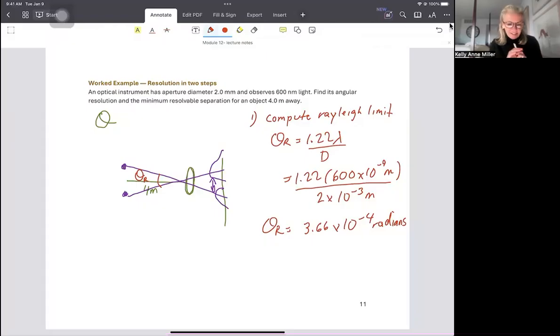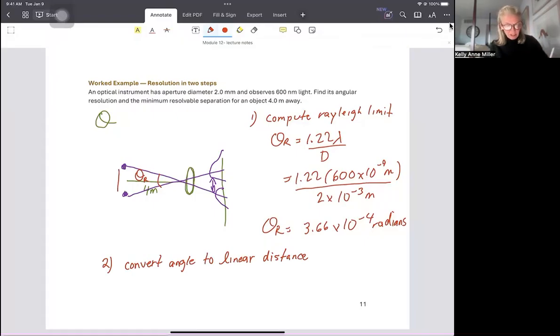Okay, so the second step is for us to find the minimum resolvable separation, given that the lens is 4 meters away. In step two, we need to convert the angle to a linear distance, to know how far apart the two light sources could be for us to be able to resolve them within that Rayleigh limit.